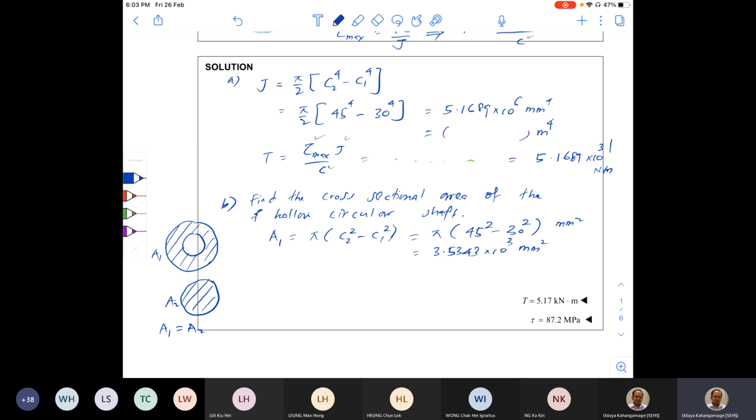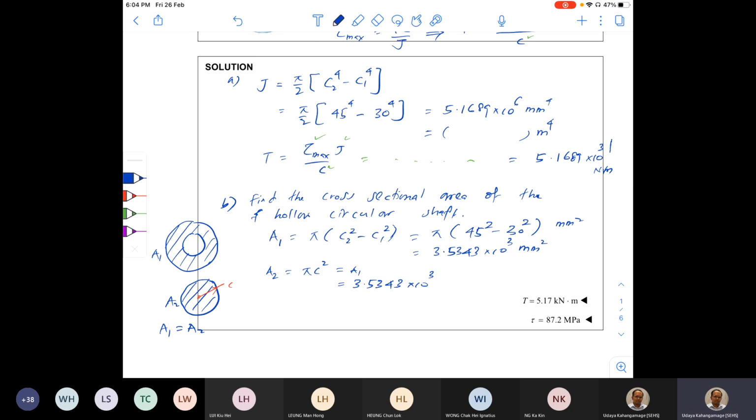For A2, let's assume that the radius is C. Therefore the area is pi C squared. Now this A2 should be equal to A1, that means pi C squared equals 3.5343 into 10 power 3.